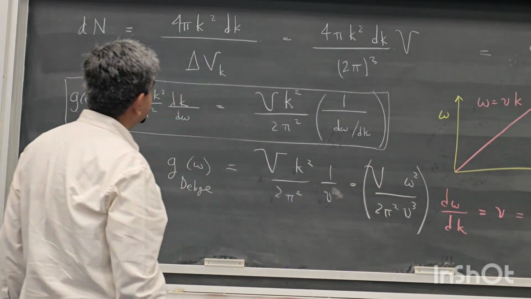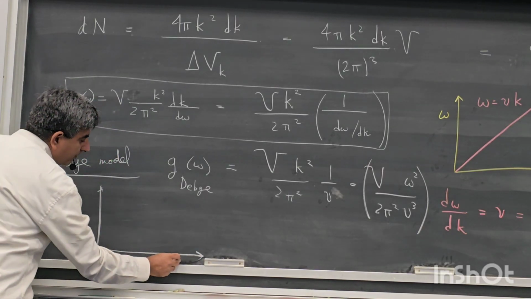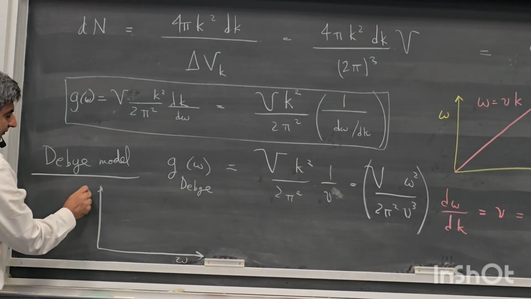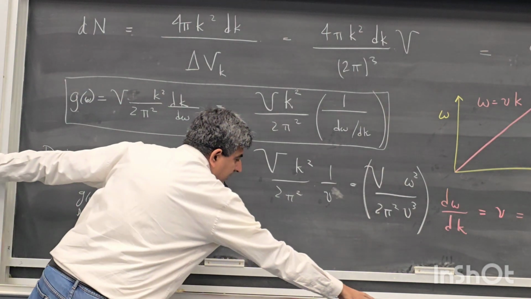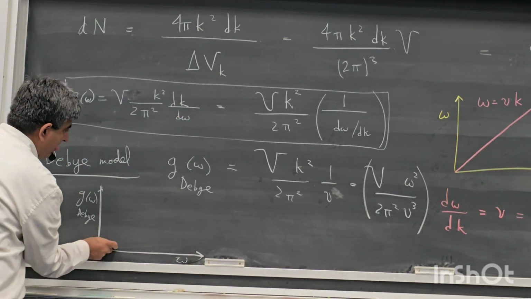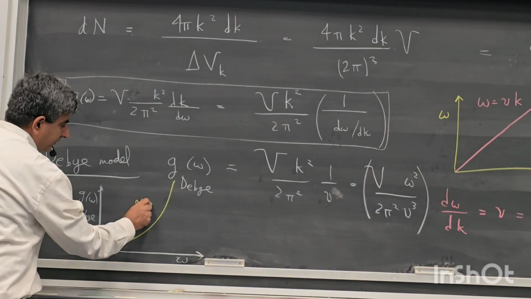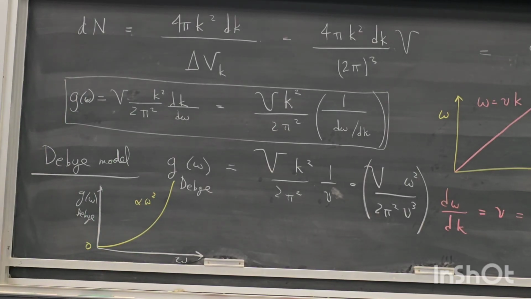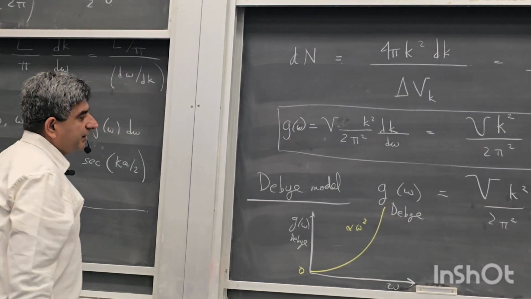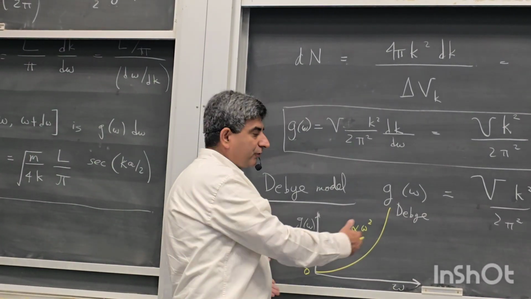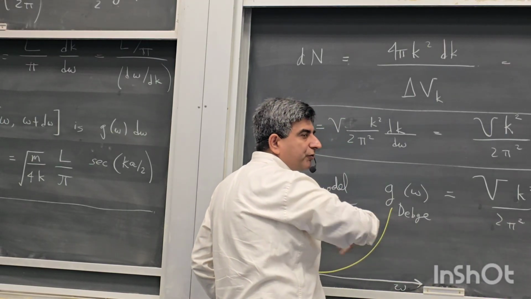So the density of states in this Debye model is, as a function of omega, just a parabola, proportional to omega square. Now, in our previous lecture we've also seen that this dispersion relationship cannot go on forever, because at the outset it seems that these omegas can go from 0 to infinity.